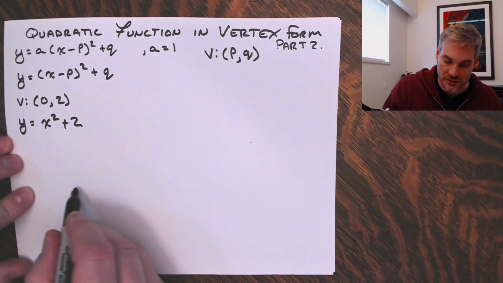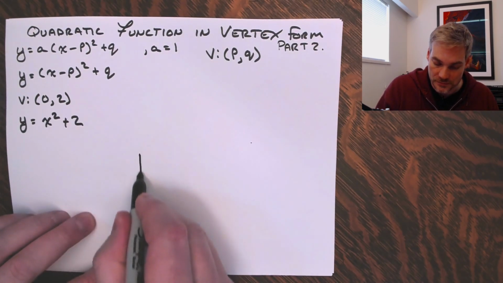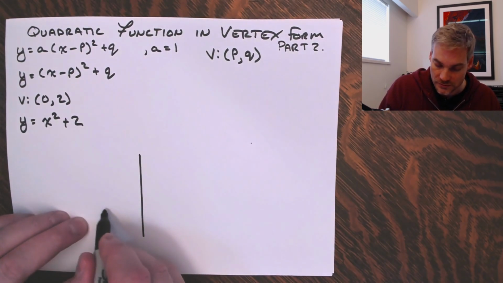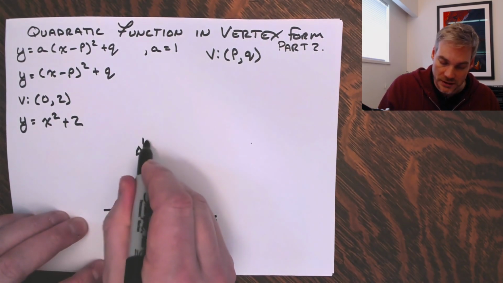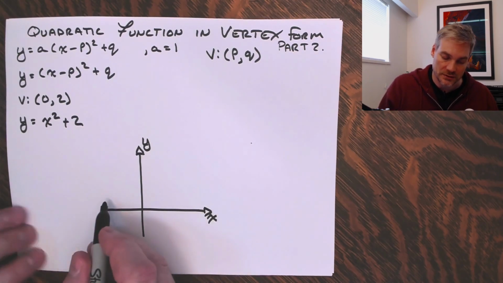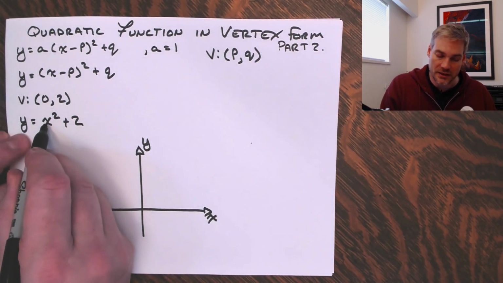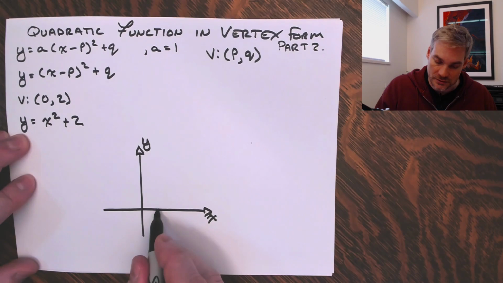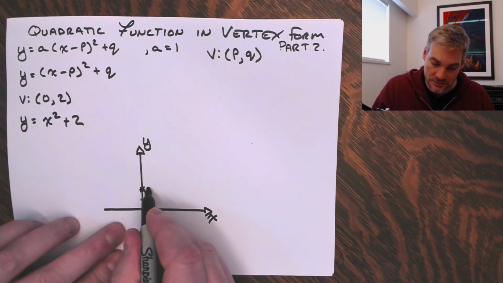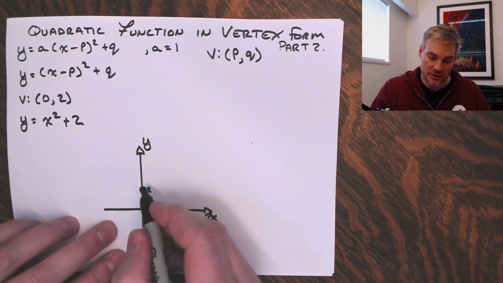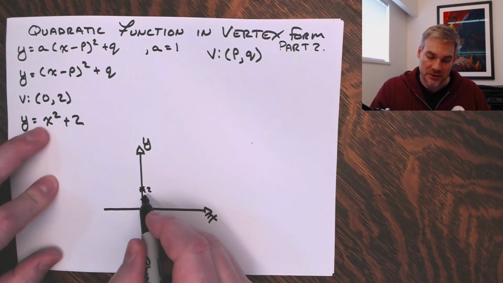So we'll do a little graph right here. x and y. Now we know our vertex: it's 0 for x and 2. So it's right here, that's 1, 2. So our parabola starts right there, and it opens upwards.